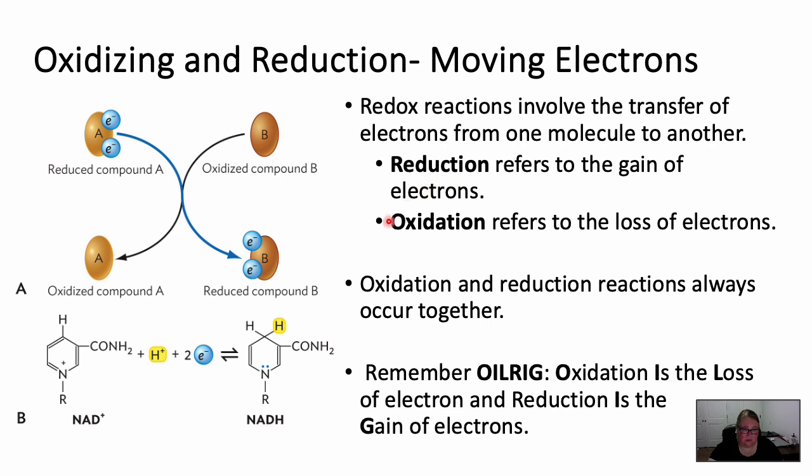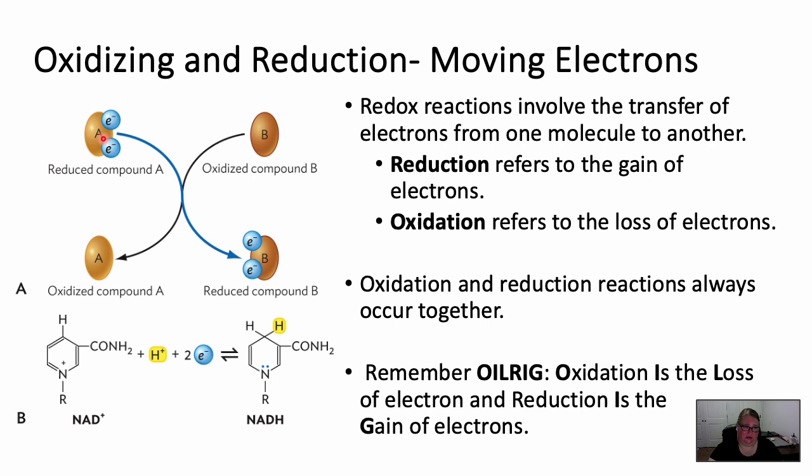Okay, so since these are coupled reactions, we cannot have reduction without oxidation, and we can't have oxidation without reduction. So we're going to have compound A here, and it's going to have these 2 electrons. They were added to it. So compound A right now is reduced.